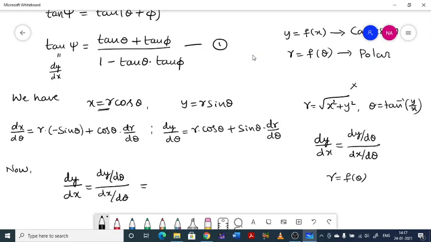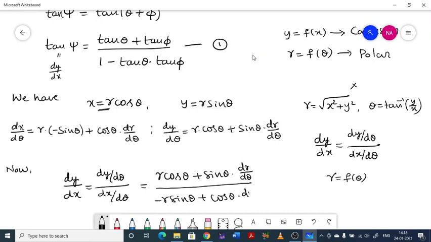Which is r cos theta plus sin theta into dr by d theta, divided by minus r sin theta plus cos theta into dr by d theta.